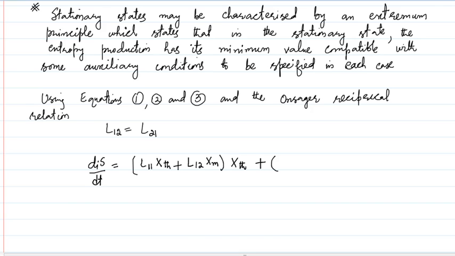So we will write here also (L21 Xth plus L22 Xm) multiplied by Xm, which is greater than or equal to 0. So this is suppose equation 4, and this will be equation number 5.